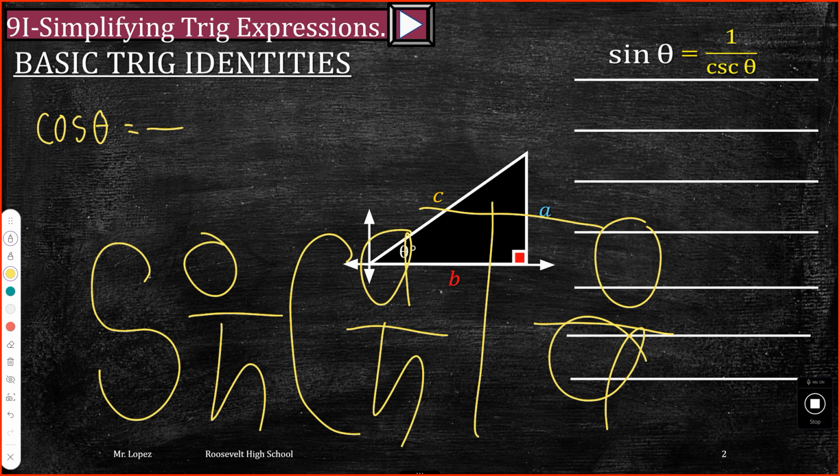It's a mnemonic. I've got to research who came up with this. But there's another one that's not that popular. So cosine is the ratio of the adjacent side over the hypotenuse side. That's what it is. All right.